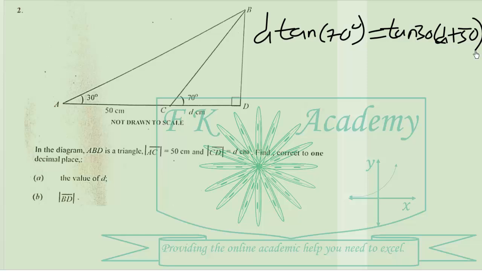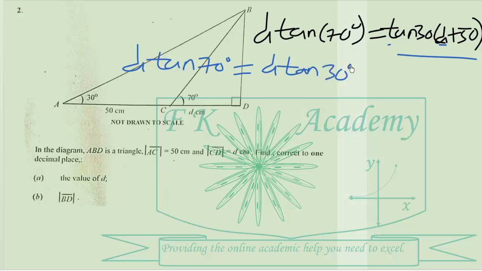So I can expand this side so that we will get D tan 70 degrees to be equal to D tan 30 degrees plus 50 tan 30 degrees.